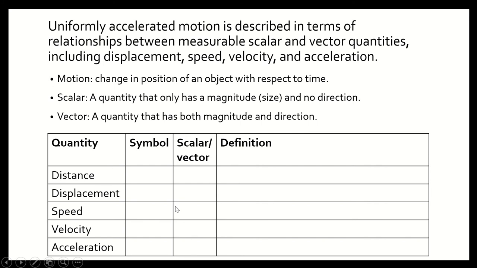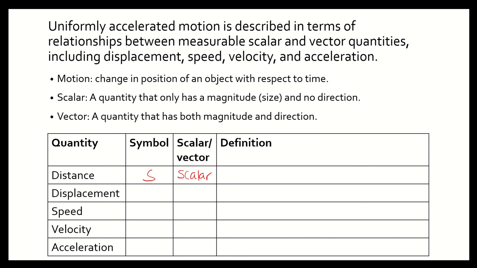Now, we're going to fill out this table. So the symbol for distance, in case you don't remember, is S. The reason being is S is basically for space. Now, it is only a scalar quantity because it doesn't have a direction.